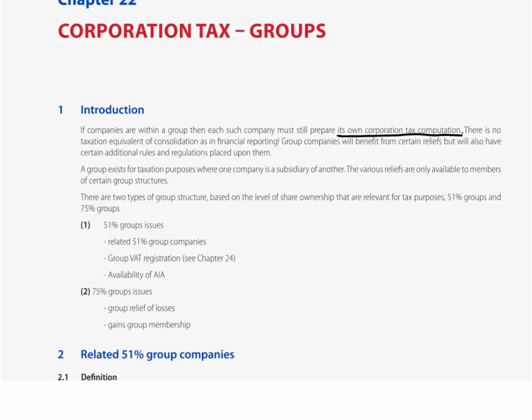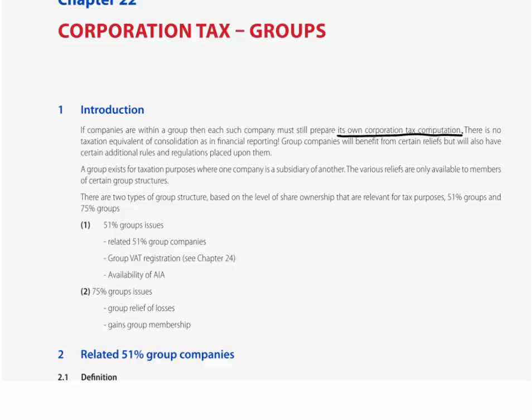So every individual company, whether a standalone single company or a member of a group, will prepare its own corporation tax computation, i.e. we do not have a taxation equivalent of what they have in financial reporting, i.e. consolidation. There is no consolidated corporate tax computation that we need to learn about, that we need to prepare for the group. It doesn't exist. All we have to do is to prepare a normal corporation tax computation for each company within the group.